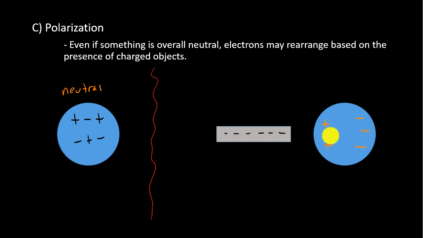If there are now fewer electrons, there are more protons, so they're positive charges. That can get a little confusing. Notice this whole object is still neutral. There's still 3 minuses, 3 pluses, but they've polarized. The charges have realigned themselves on one side or another. But nothing's jumped across. There's still an even number overall. They've just rearranged. That's polarization.